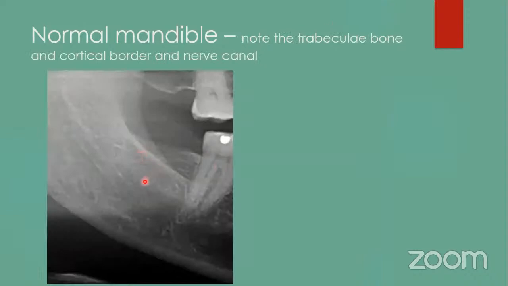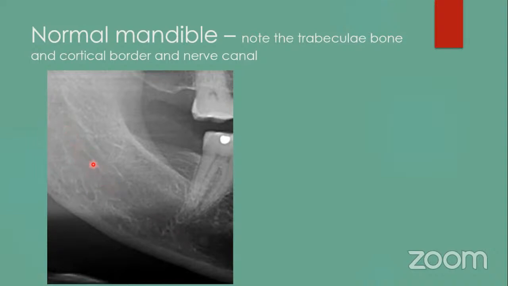This is our closer view. You can see the mandible there, you can see the trabecular bone, and then you can see the dark areas or the radiolucent areas. That's the bone marrow, surrounded by trabecular bone. You can also see the inferior mandibular nerve canal.